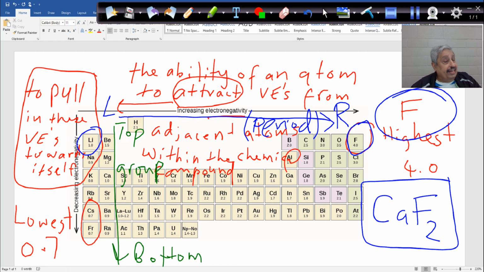The atomic radius will increase from the top to the bottom, and atomic radius within the period from left to right will decrease, while electronegativity is the opposite: it will increase within the period from left to right and will decrease from the top to the bottom within a group.